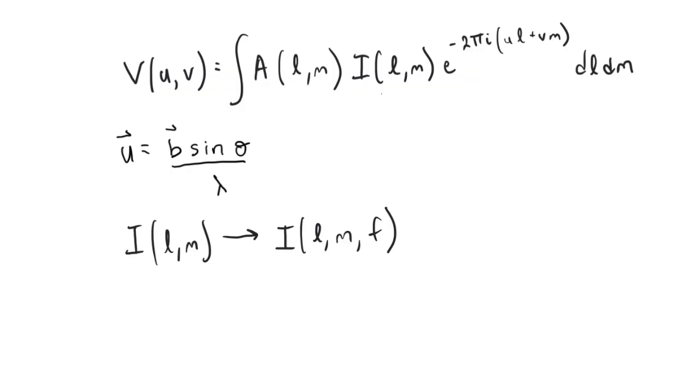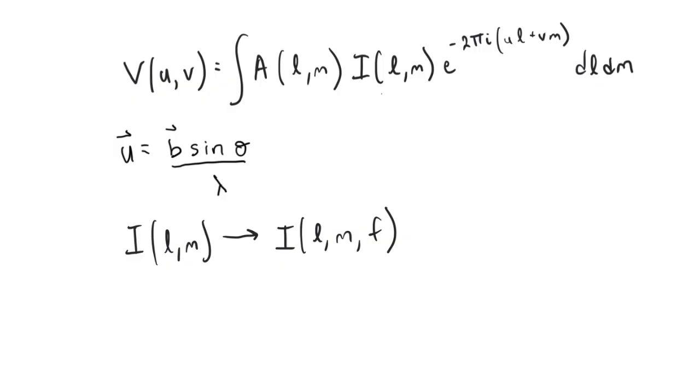So, I said it's implicit when we write ILM that the sky brightness is actually dependent not only on position on the sky, L and M, but on the frequency. And so when your visibilities change as a function of frequency, it can be because you're measuring a different Fourier mode U, or it can be because the sky itself has changed as a function of frequency. And in truth, it's almost always both.